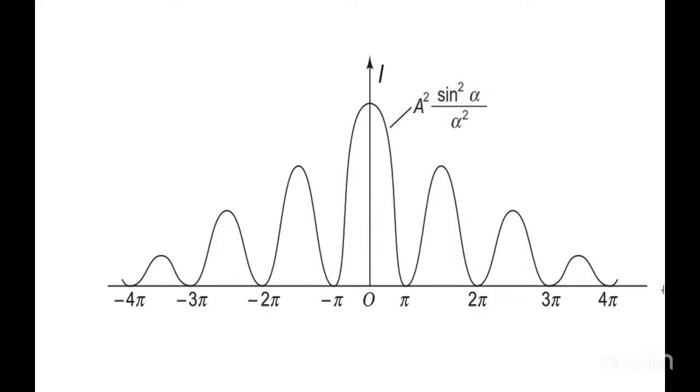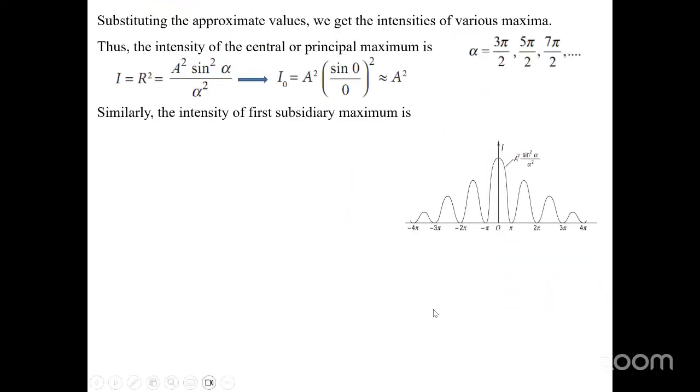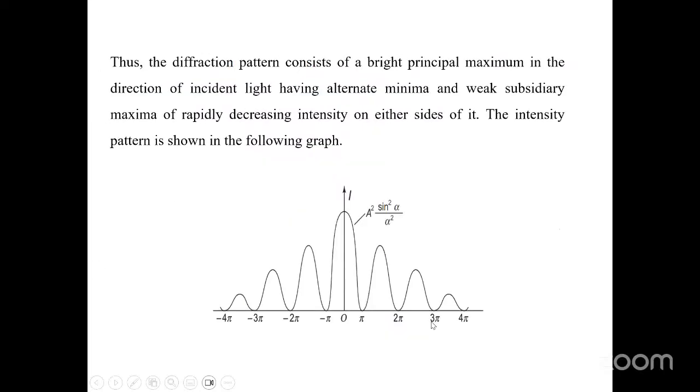Moving toward the right side or left side of the central maxima, you can easily observe how the intensity of the diffracted light falls off. There we observe the pattern of bright, dark, bright, dark. The important thing here is how the intensity changes. So this is about the diffracted light.